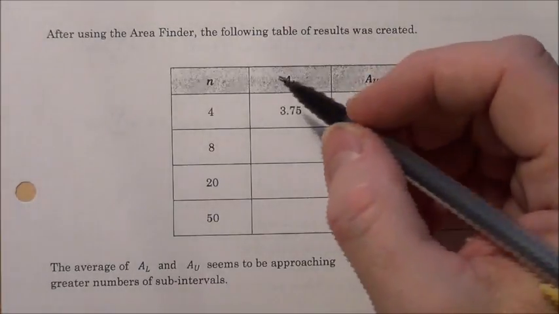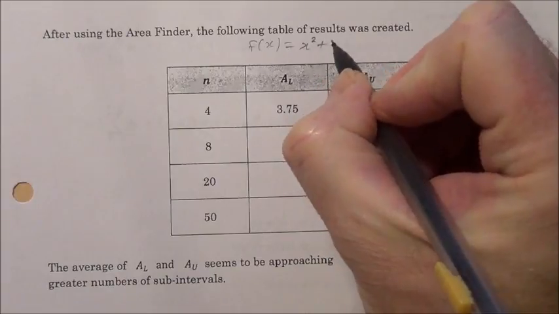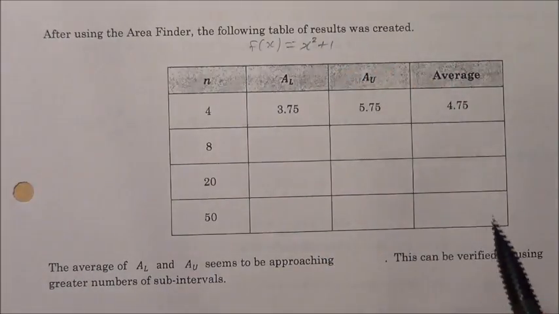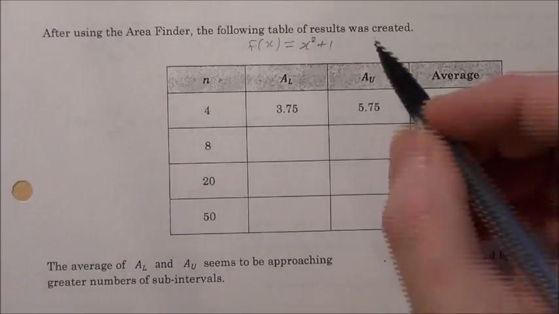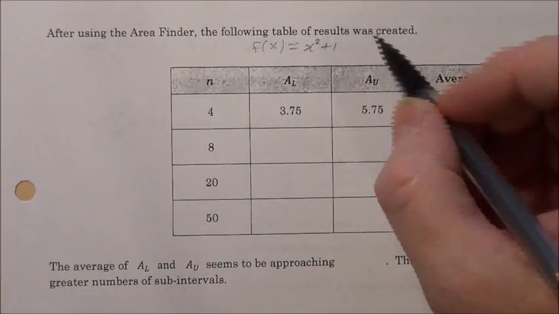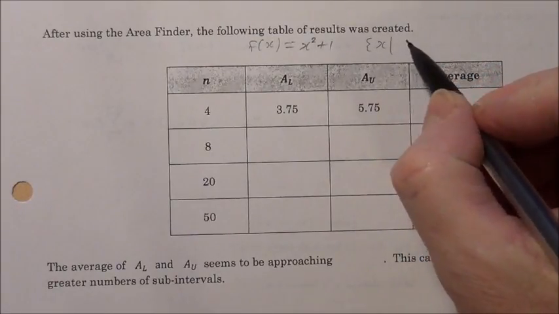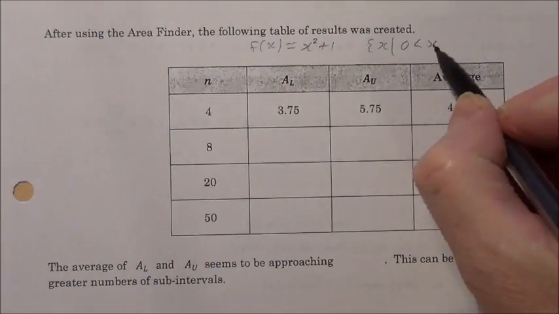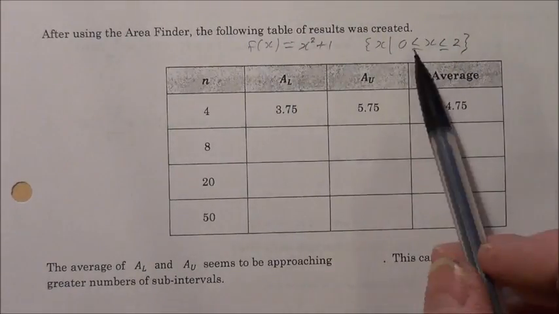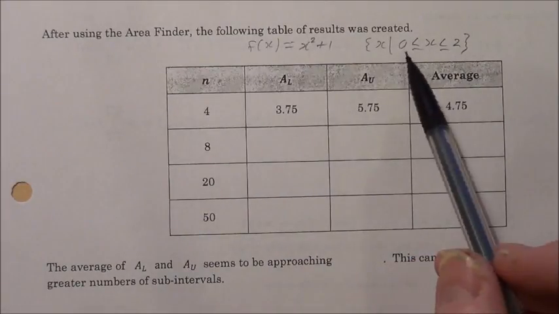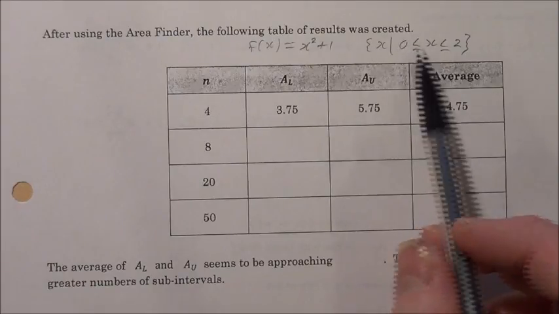We were looking at the function f of x equals x squared plus 1. Now what we're going to do is increase that a little bit. When we looked at the domain of x from 0 to 2, we broke this up into 4 rectangles, 2 rectangles per unit.